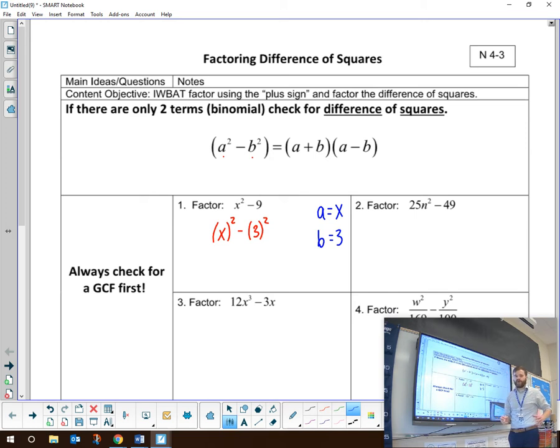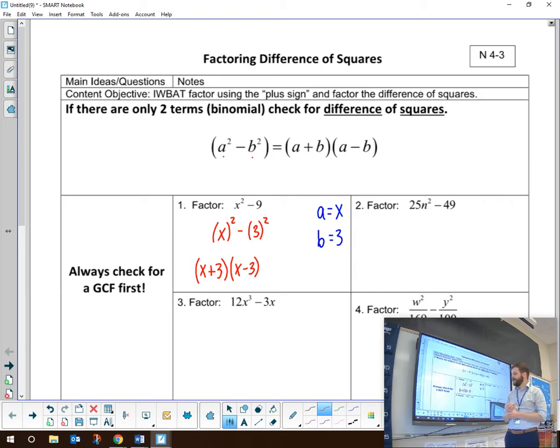Okay, so now I can write out my difference of squares. We're going to write out x plus 3 times x minus 3.